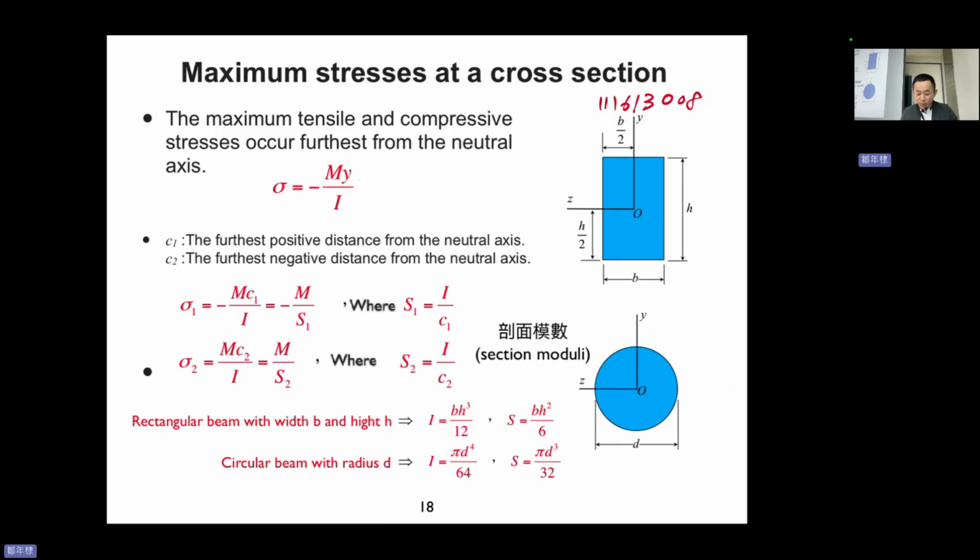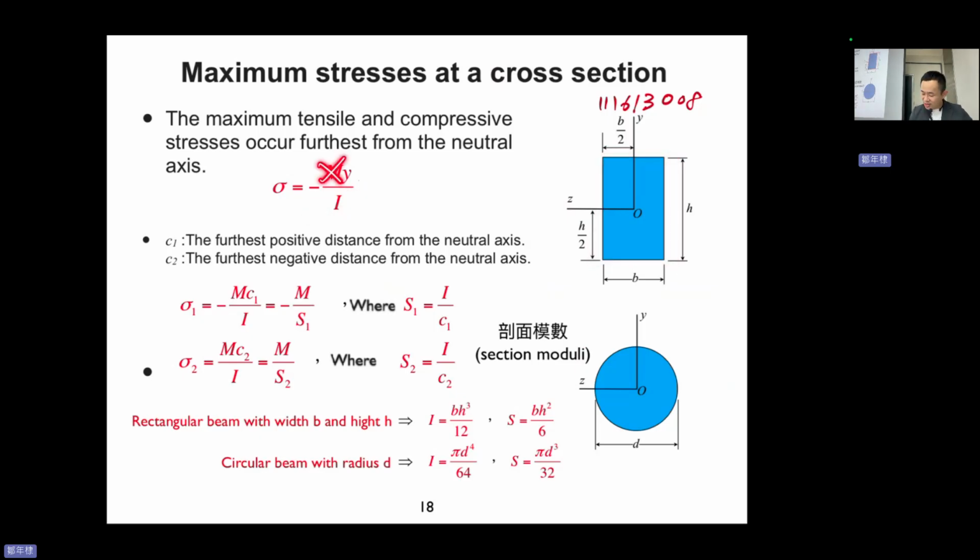All right. So this is cross section view. Okay, so I don't need to write it down. The maximal tensile and compressive stress occur furthest from the neutral axis. So you can see that sigma is determined by M, y, I. In the cross section, the I is fixed, right?